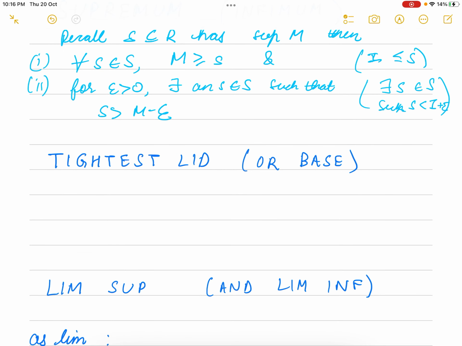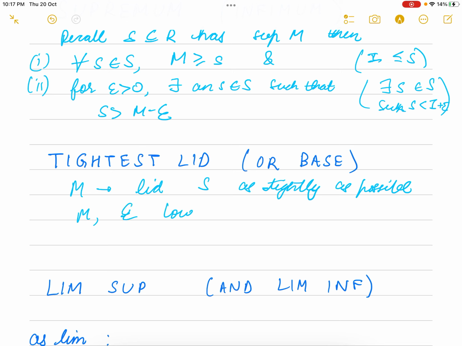Supremum and infimum can also be thought of as a tightest lid or a base. If M is the supremum, then it can be thought of as a lid which tries to contain the set S as tightly as possible. Therefore, if there is a lid M, then pushing the lid by an epsilon distance towards that set would mean that there will be an element s in our initial set S which would not be contained in that lid.